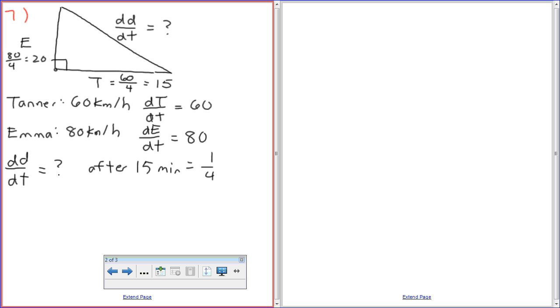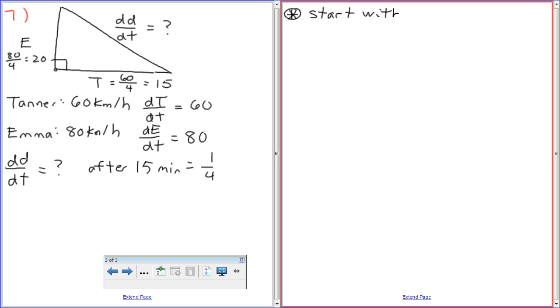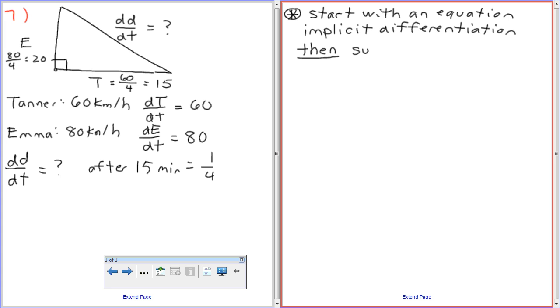Okay. Now, this is the thing, and I want you to put a star beside this. Start with an equation, then implicit differentiation, then sub in values.